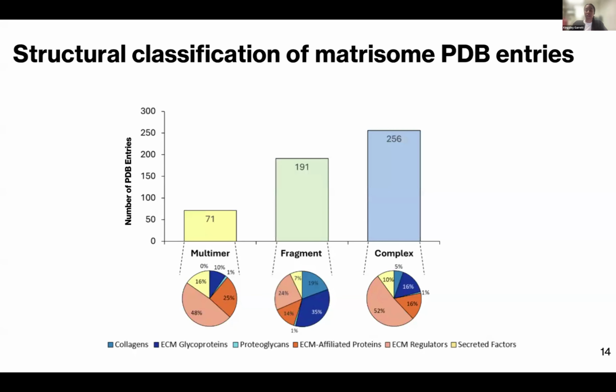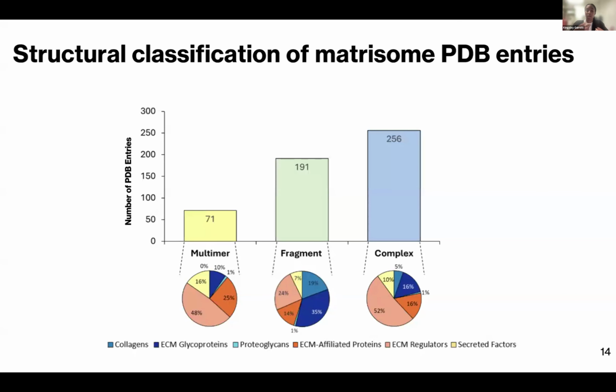And so moving on to the data that we had for that. Within the structural classification of the matrisome PDB entries, we saw that our lowest representation was multimer, only 71 out of the 518. This low representation could be due to the fact that it's hard to get solubilized ECM proteins, especially full structured ones.